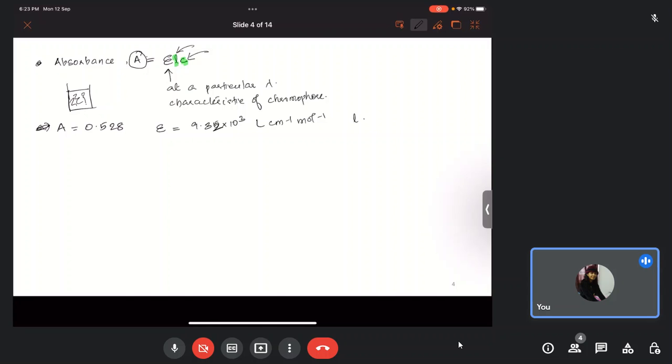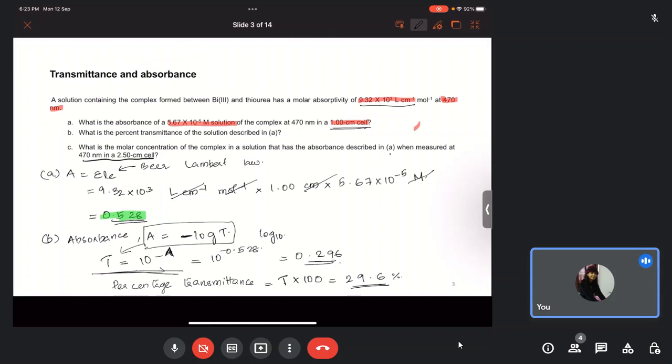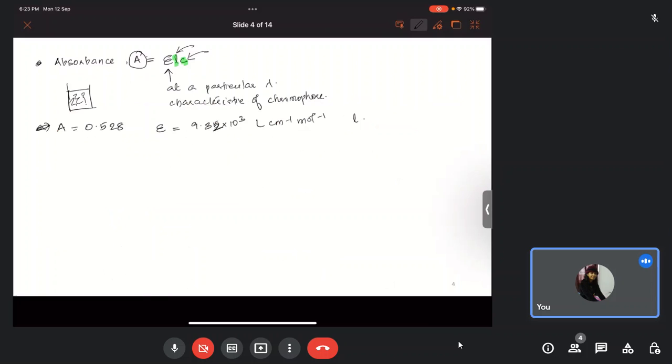And path length, in the first question it was 1 centimeter. So in the third part it is 2.5 centimeter.